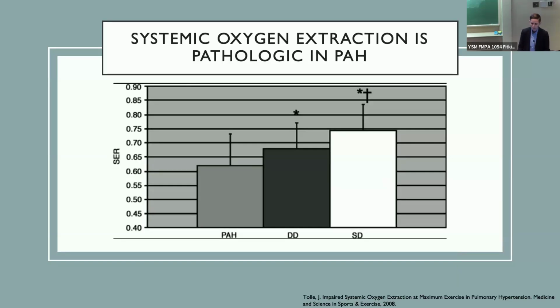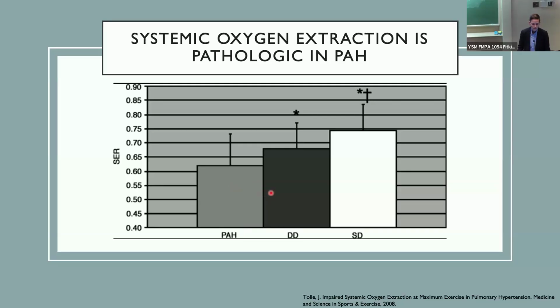This is from a study that compared systemic oxygen extraction across patients with PAH, those with diastolic dysfunction, and those with systolic dysfunction. And what they found was striking. Patients with PH, which was mild in this population, had the lowest oxygen extraction despite having relatively preserved cardiac output and oxygen delivery. And the impaired systemic oxygen extraction seemed to account for their depressed aerobic capacity.